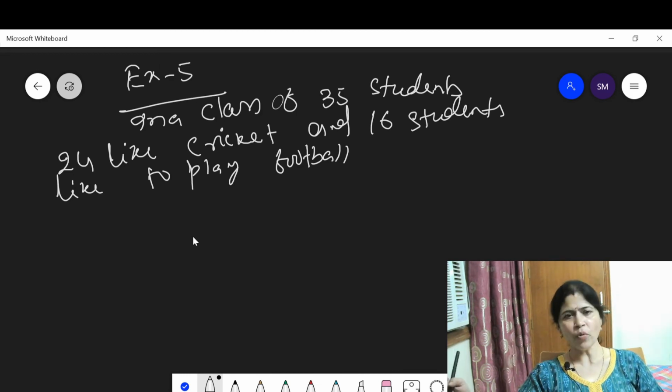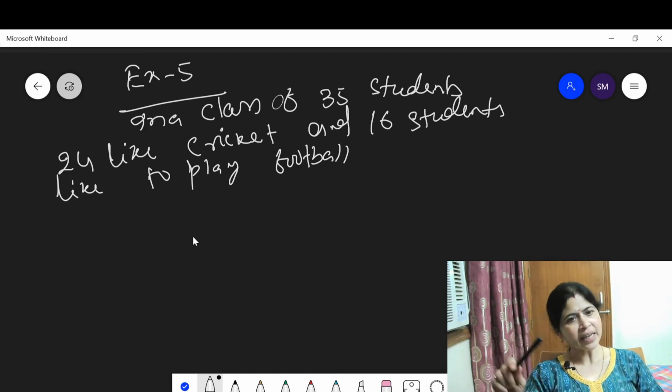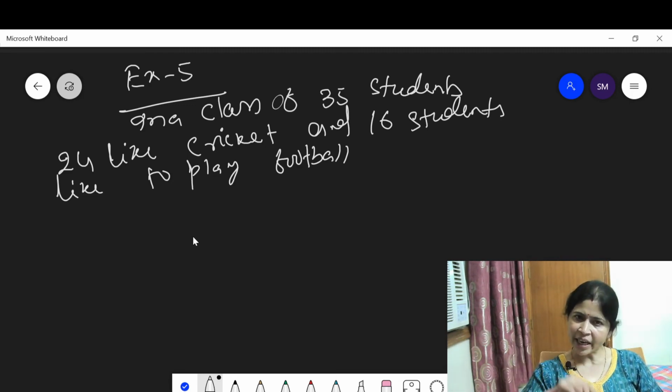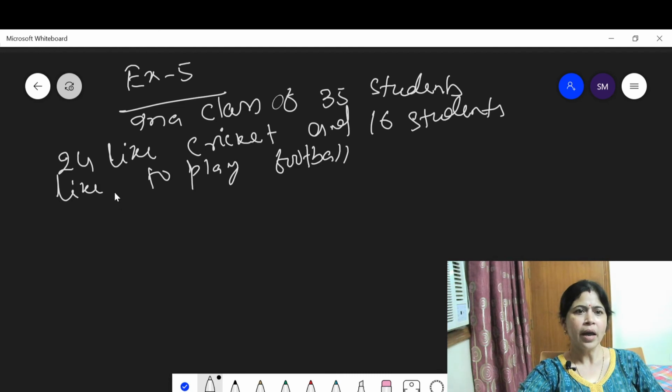In the same way, the number of students present here is 35, 24 like to play cricket, 16 like to play football. कोई उसमें क्रिकेट पसंद करता है, कोई फुटबॉल पसंद करता है, लेकिन ऐसा कोई स्टूडेंट नहीं है कि कुछ भी पसंद नहीं करता है. किसी ना किसी को तो क्रिकेट पसंद है और फुटबॉल पसंद है. समझ में आया? This means here also n of U is equal to 35.